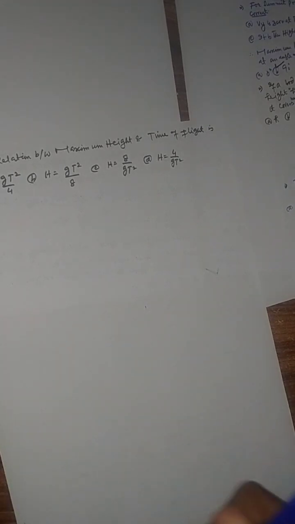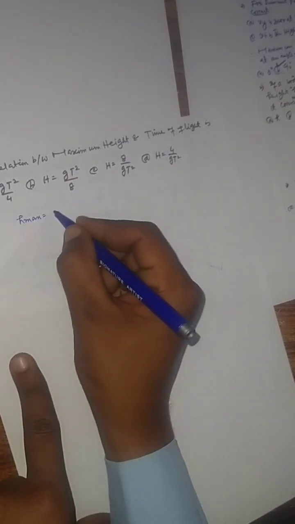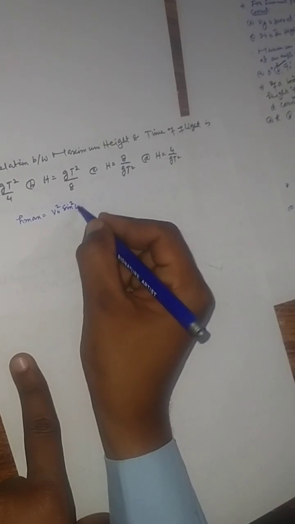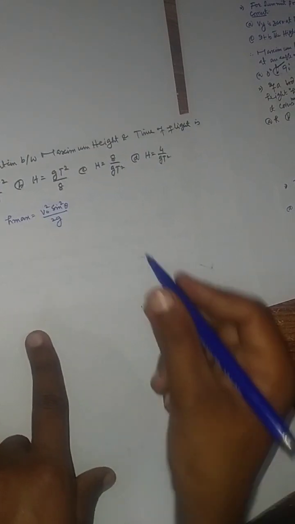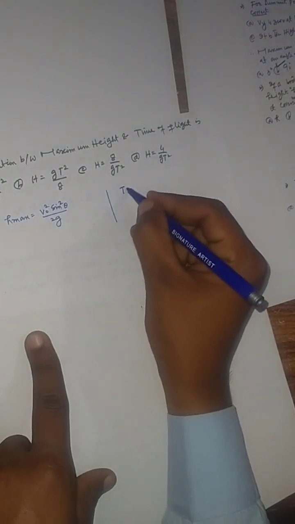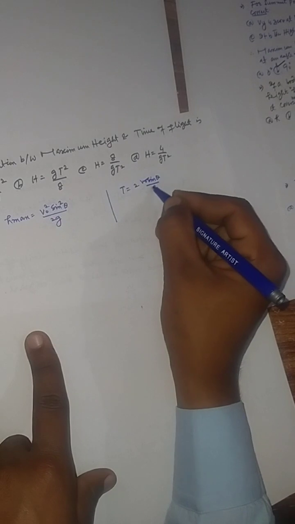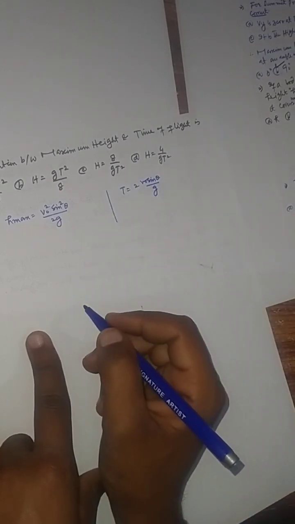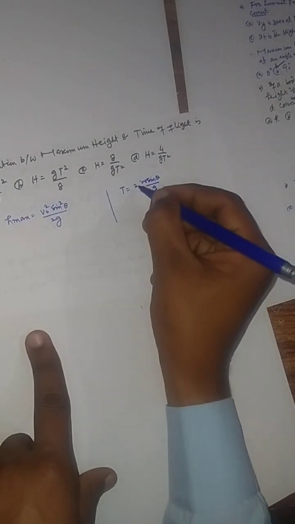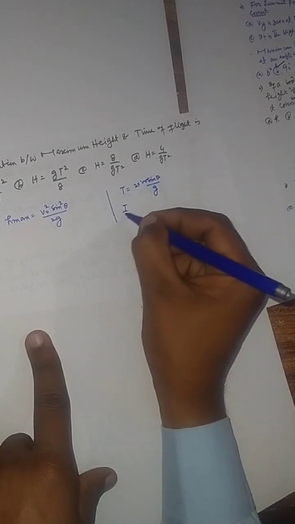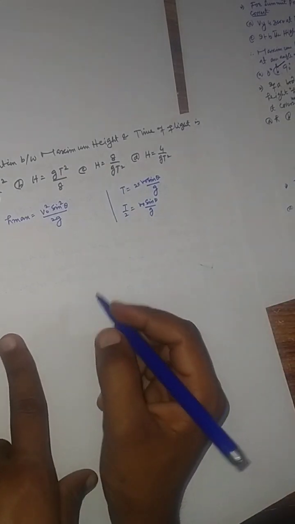Let's see. We know that maximum height equals v naught squared sine squared theta over 2g, and the time of flight t is equal to 2 v naught sine theta over g. So v naught sine theta over g will be equal to t over 2.